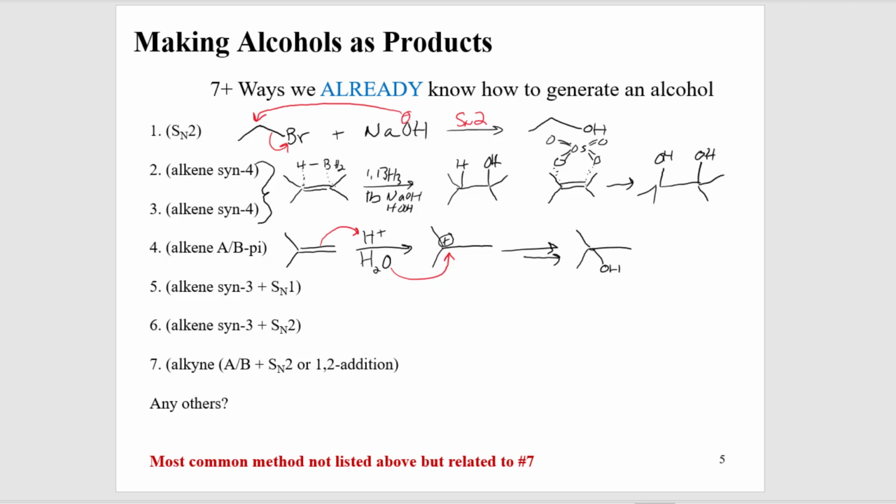The next few utilize the fact that you can start with an alkene and you can do something like MCPBA, which epoxidizes your alkene. And you can do SN1 chemistry, meaning you can add acid and say water or some other nucleophile.